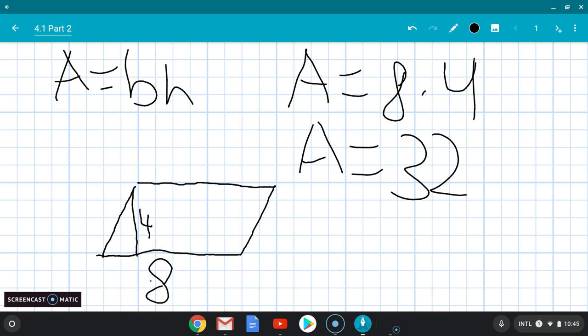Because we're not given units, as in feet or inches or meters, we're just going to label this U for units squared. Whenever you're not given centimeters, meters, feet, miles, you're just going to use a U for units. And that, of course, is squared because it's still a measure of area, all the space inside this figure.